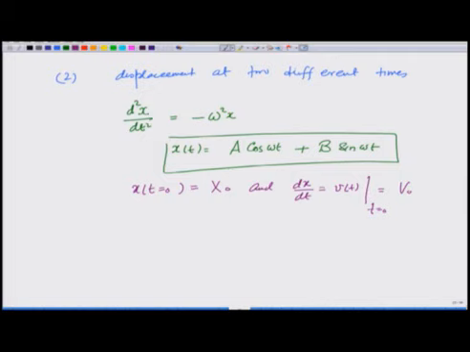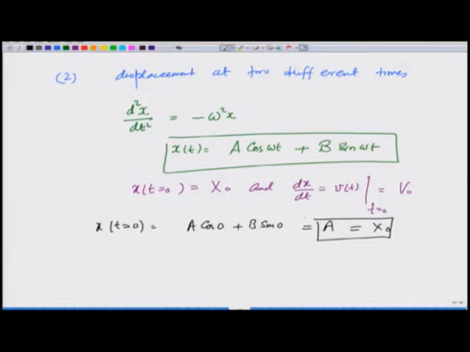How do we do that? x at t equal to 0 is going to be, if I substitute, A cosine of 0 plus B sine of 0, which is A, and this is given to be x0. So, I have already determined what A is.